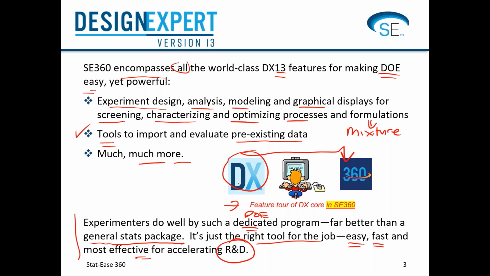So any of the industries that are doing any kind of R&D should be using multi-factor DOE, mixture design if it's a formulation issue, and we have just the software to do the job.